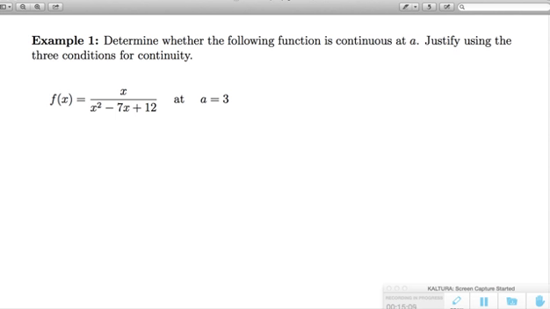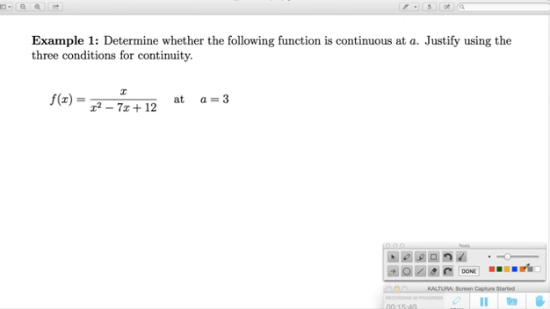where we're given a function and we're asked to determine if it's continuous at a particular value, in this case a equals 3. Now they want us to not just graph it and look at the picture, they want us to actually go through the 3 mathematical conditions for continuity. So again, don't just graph this in your calculator and look to see if it looks like a smooth curve. They want you to actually check the 3 conditions according to the instructions.